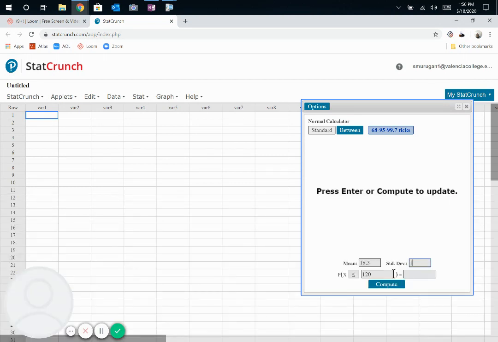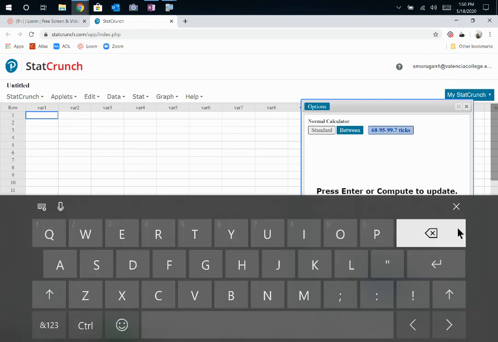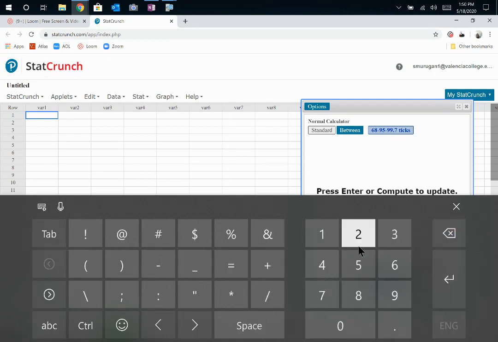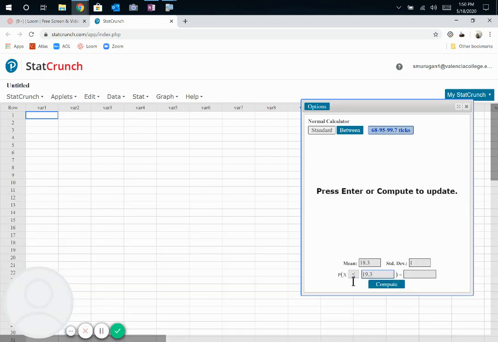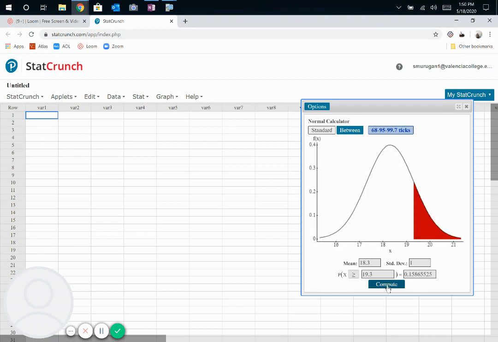And greater than 19.3. We flip the sign around to greater than, compute, and we get the probability is 0.1587.